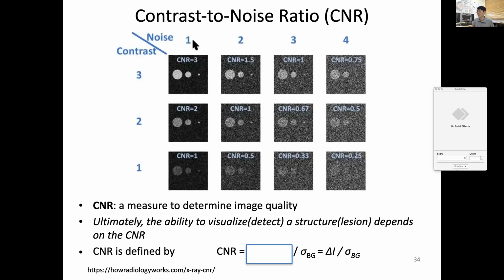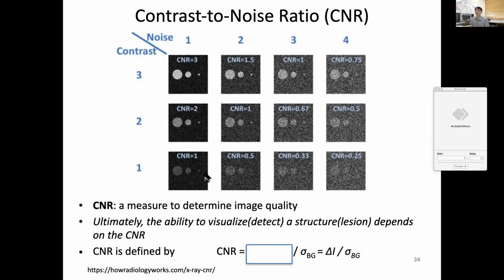So this is noise level 1, 2, 3, 4. And remember, contrast is defined by the signal level difference to the background. So the contrast can be 1, 2, 3. You see, of course, at contrast to noise ratio 3 it's easy to see. If contrast to noise ratio is below 1, you start having difficulties figuring it out.